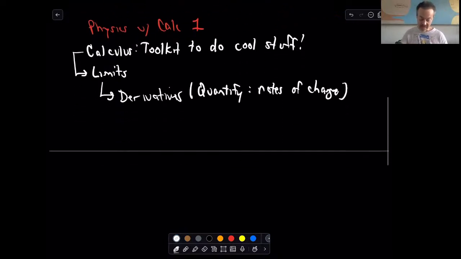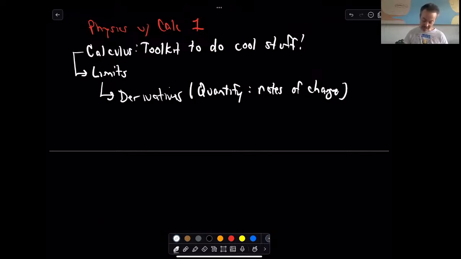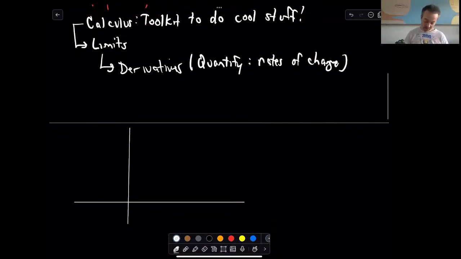Maybe this is going to seem a little vague, I hope not. I'm trying to give a very quick intro as to what you might see. Suppose the x-axis represents time and the y-axis represents the distance you've traveled. Maybe you're a jogger running away from home.